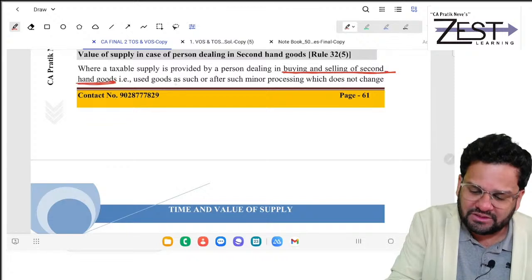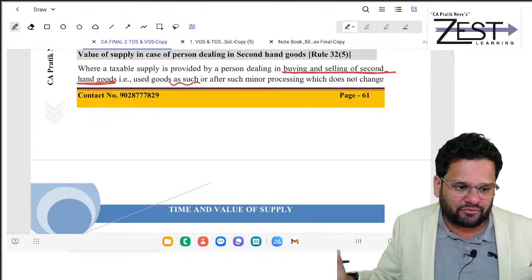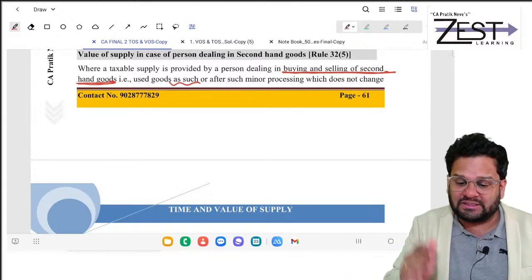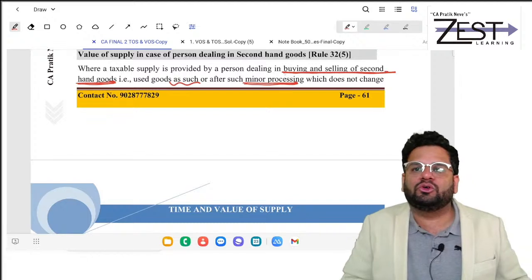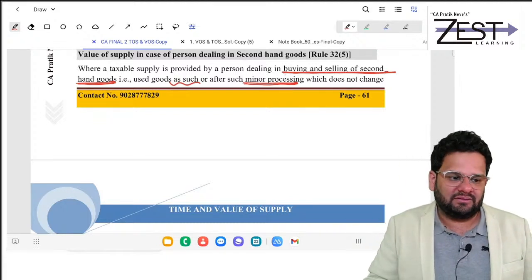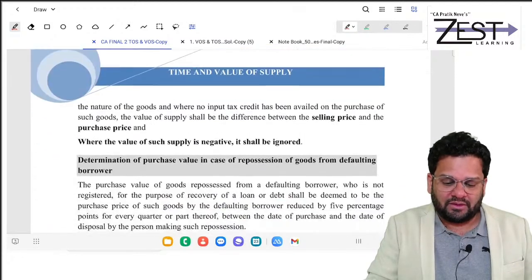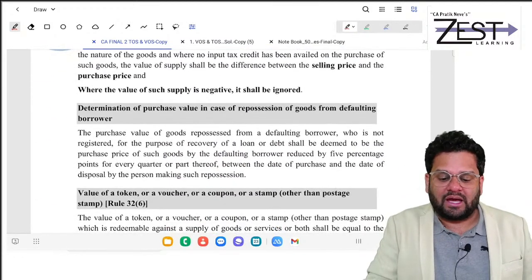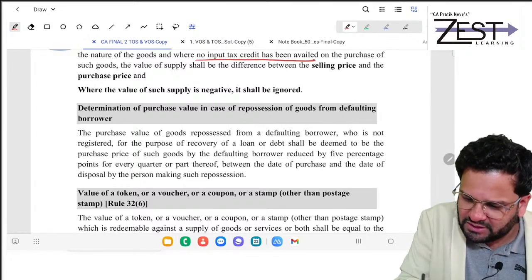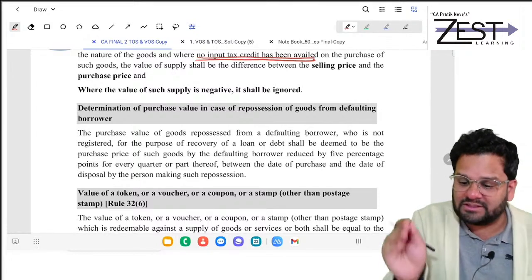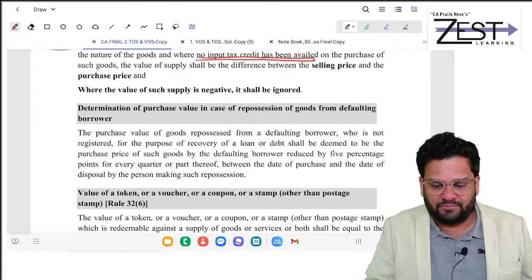As such means without changing the original characteristics of goods or after minor processing. So a little bit of denting painting is done, which does not change the nature of goods, and where no ITC has been availed.